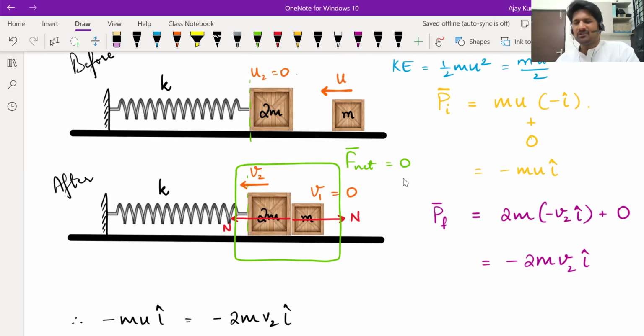Okay. See, when two objects collide, what happens in an everyday situation? When two objects collide, what do you observe? Sure that they stop moving. See, they don't always have to stop moving.